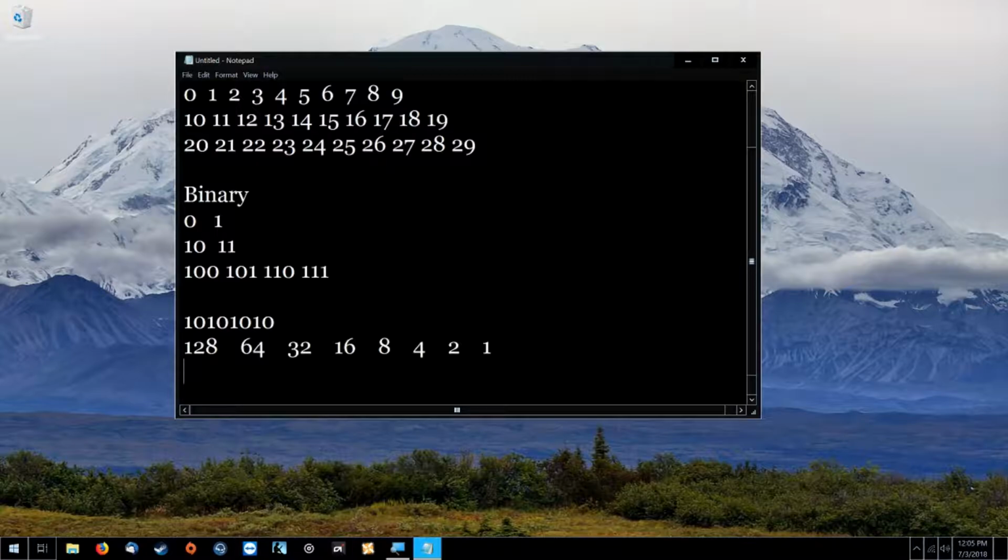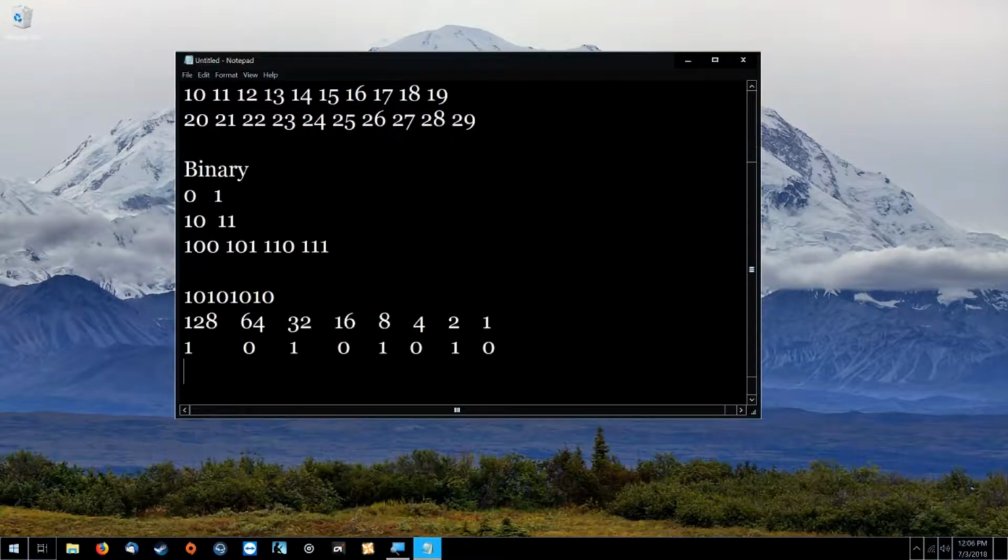So what you do is there's 8 numbers there and there's 8 placeholders, so you just line them up like 1 0 1 0 1 0 1 0. So now wherever there is a 1, you add in the corresponding placeholder.